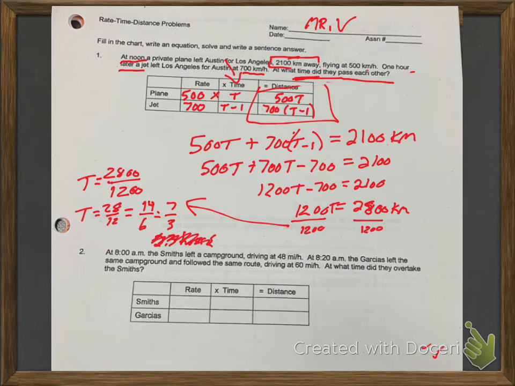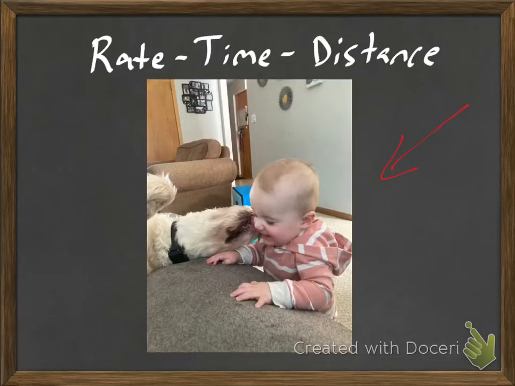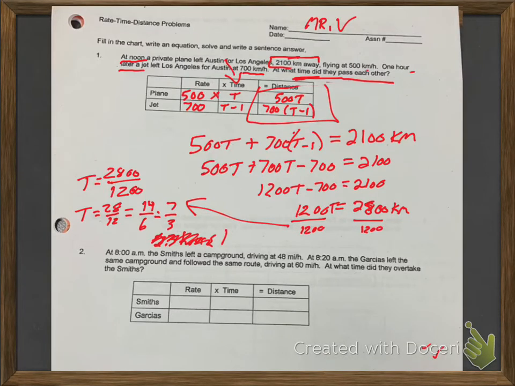I would leave it at 7/3. Let me get my calculator out. 7 divided by 3 is 2.3 repeating, and then I'm going to multiply that by 60 minutes. That's going to be a total of 140 minutes.